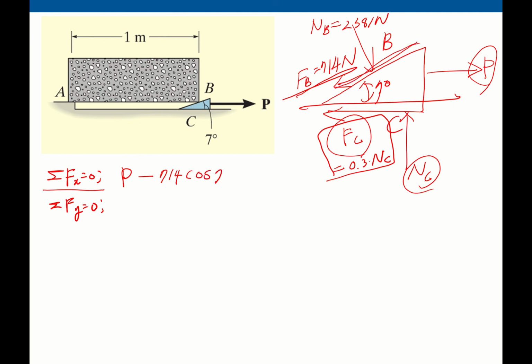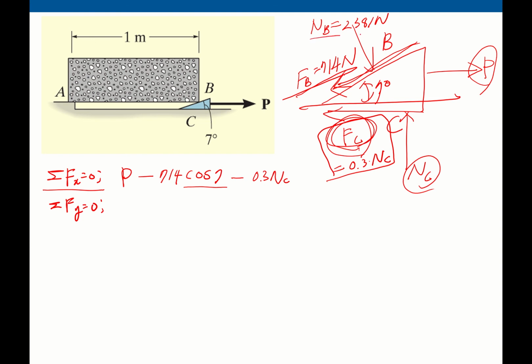Because if you look at the direction, this is a diagonal direction, we want to multiply this by cosine 7 degrees. Okay. And another frictional force is minus 0.3 NC. Is this part. And what else?